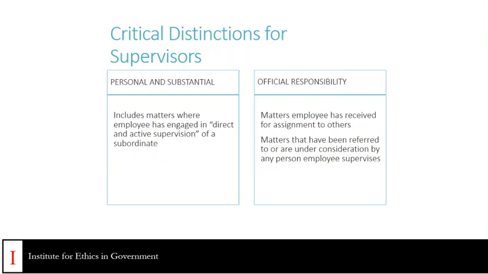Similarly, any matters that have been referred to or are under consideration by any person that employee supervises are going to be matters that are pending under their official responsibility. So for people who are higher up in the chain of command, anything that has been referred to or is under consideration by anyone in that chain of command is going to be deemed to be a matter that's under the official responsibility of that individual.